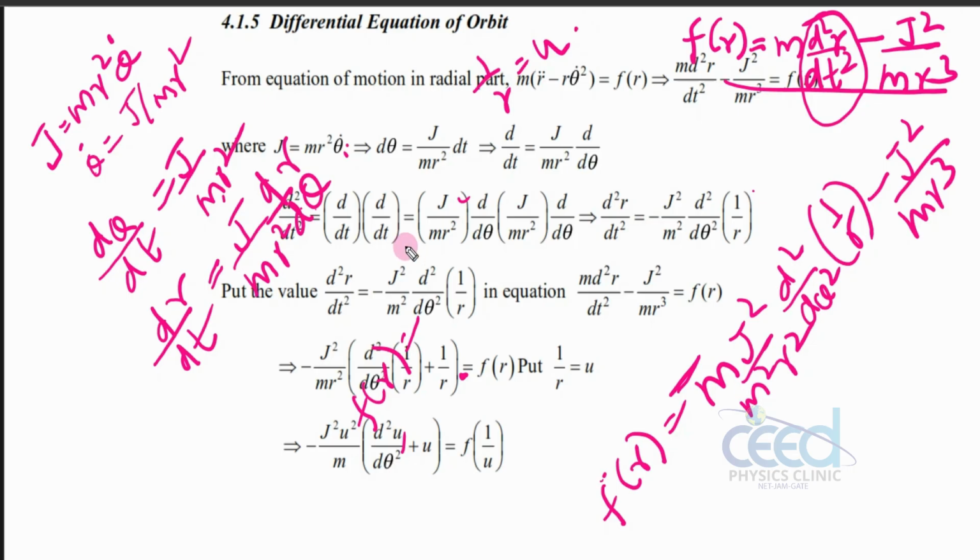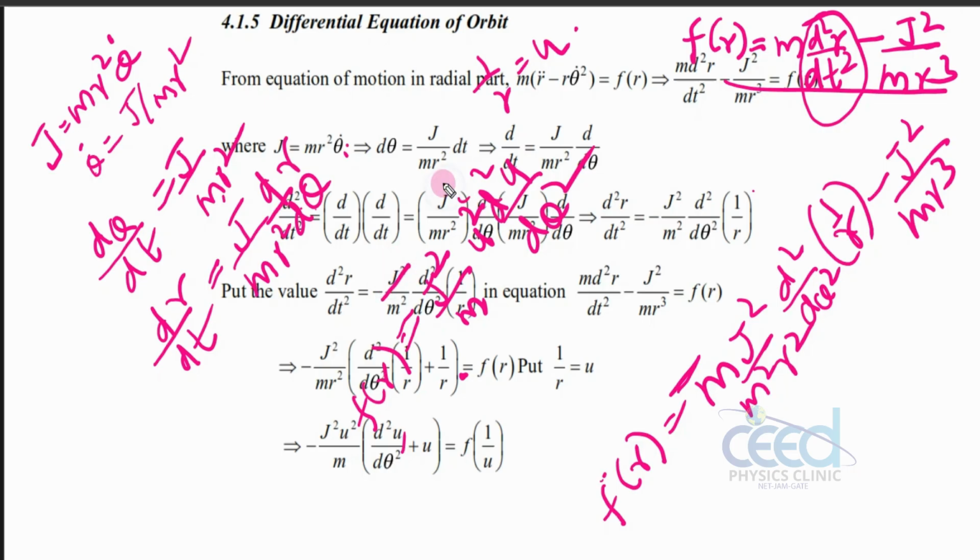Then what I can write? j square by m, u square d square u by d theta square, because 1 by r is u. Here j square by m is there, minus, here one minus also there, right?